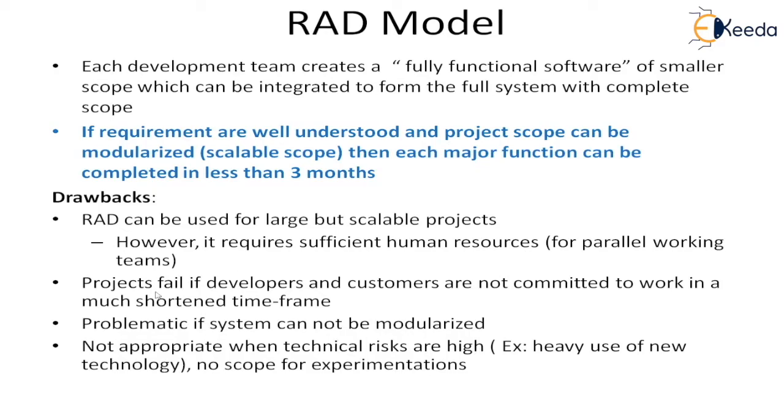A project fails if developers and customers are not committed to work in a shortened time frame. Because it requires a small time frame, if the customer is not committed, if the customer does not give their own time for the development teams, then even though you have a lot of human resources, the customer's time availability may be a constraint, and they may not be able to commit their time to the work.